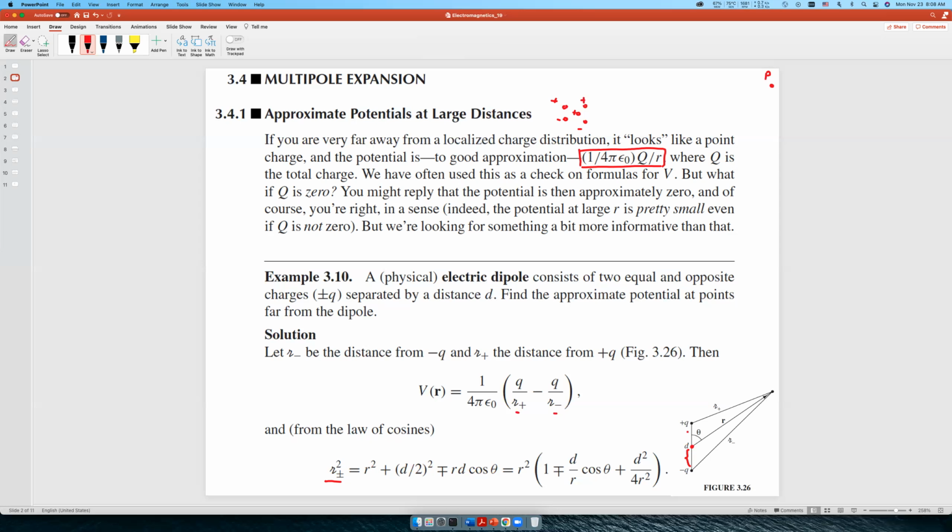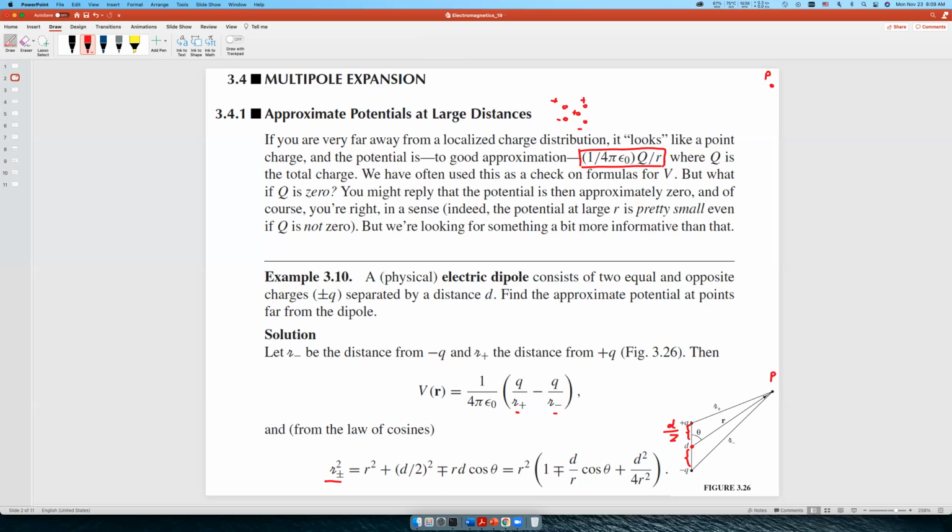Now let's see, r plus means the distance from the positive charge to your location P, and then this r plus squared equals r squared plus this d over 2 squared, subtracted by this theta term. This is from the law of cosines.